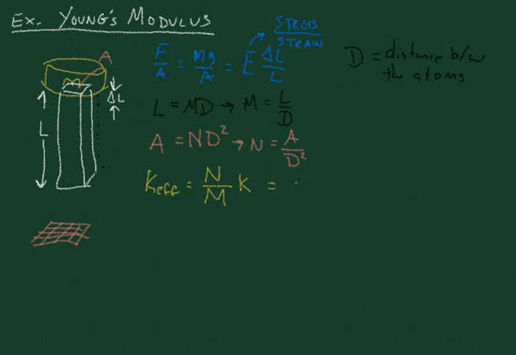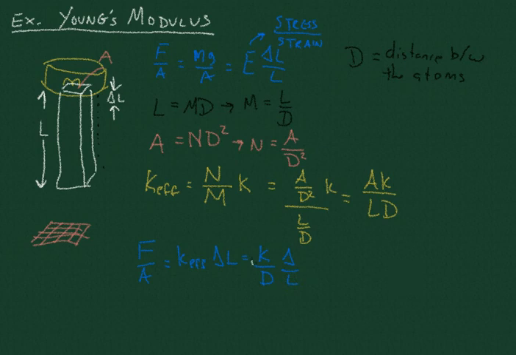Well, this is just going to be A divided by d squared over L divided by d, times K. So this is just going to be AK over Ld. And so now we see that the force over area is K effective delta L. Well, this is going to be K over d times delta L over L.